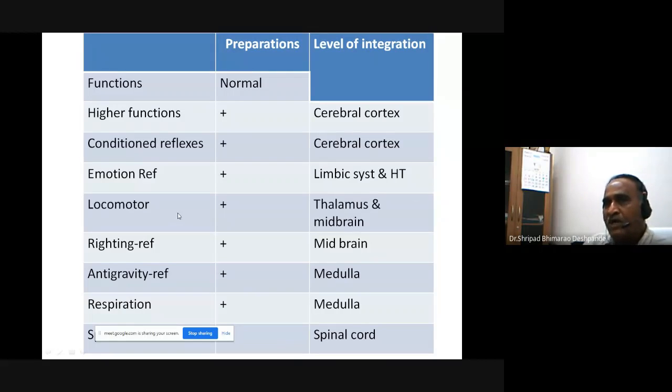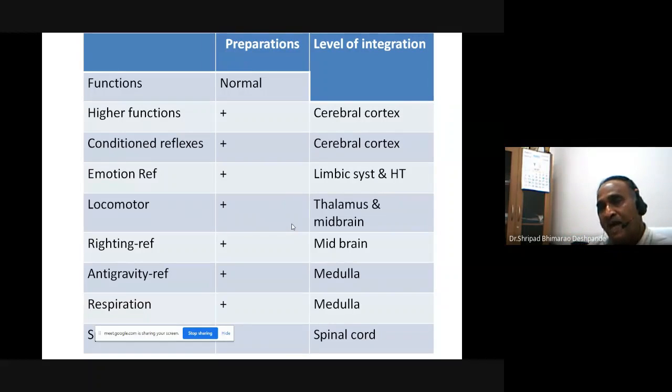Then locomotor reflexes. The locomotor reflexes have three different levels of control. One level of control is the spinal pattern generators. That means we have the antagonist and agonist groups of muscles working. That's the spinal pattern generator.